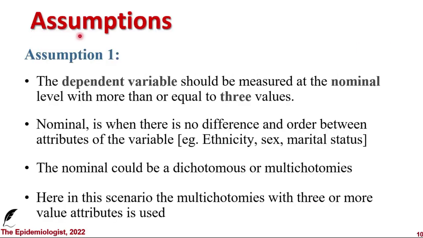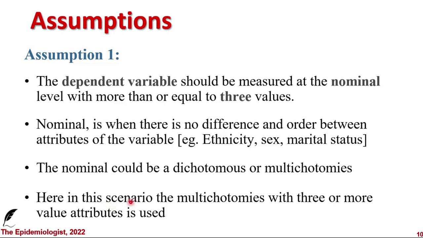What assumptions should we make? Assumption 1 is that the dependent variable should be measured at the nominal level with 3 or more values. Nominal is when there is no order between the attributes of the variable, e.g., ethnicity, sex, marital status. The nominal could be dichotomous or multichotomous.